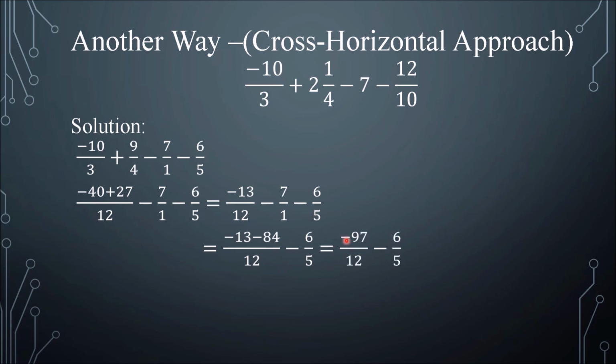We have negative 13 minus 84 is negative 97 over 12 minus 6 over 5. Finally, we do the cross. 5 times negative 97 is negative 485. 12 times 6 is 72. This is minus, this is minus. And then 12 times 5 is 60. That's the denominator. So, the final answer is negative 557 over 60.